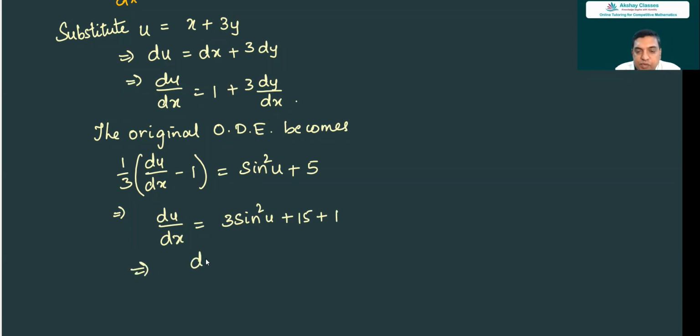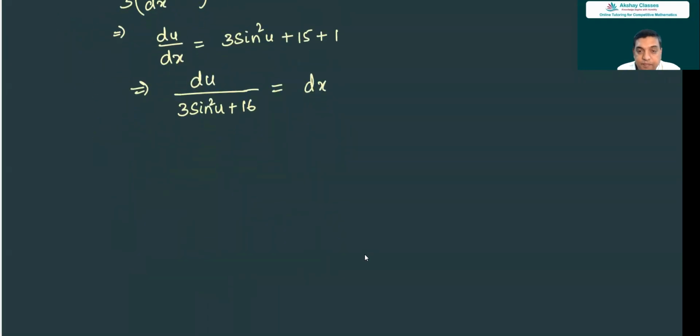So now we can do separation of variables like this: du upon 3 sine square u plus 16 is equal to dx. This is a kind of a standard form.